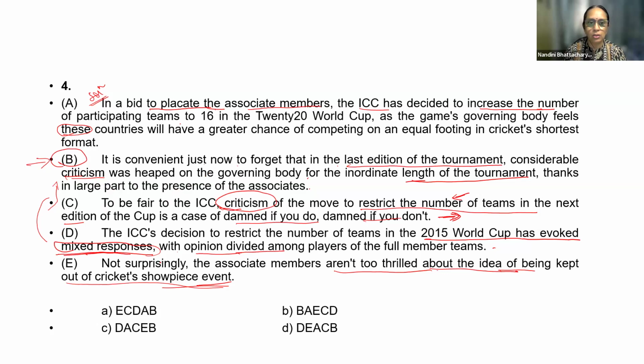So these are all talking about criticisms. Yeah. B is talking about criticism. C is talking about criticism. So what will come first between B and C?